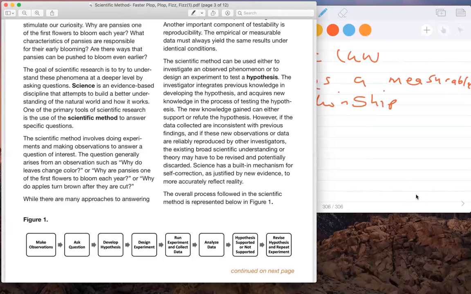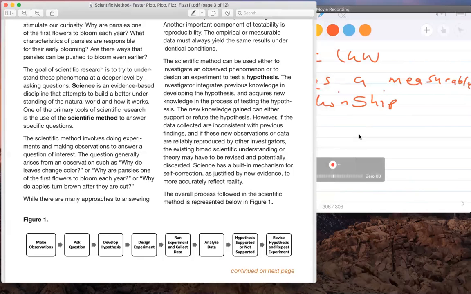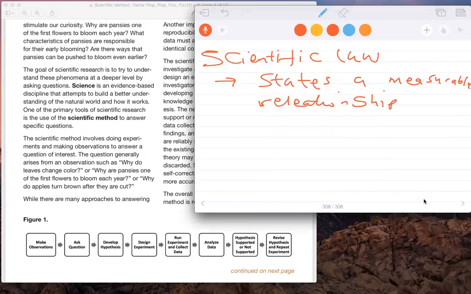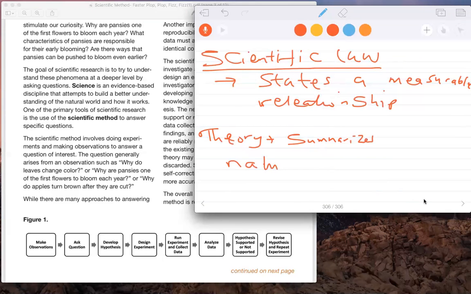This is how you define the scientific law versus the scientific theory. A theory summarizes natural behavior. It explains natural behavior. A theory is about causes, and there is a reason why we have that.